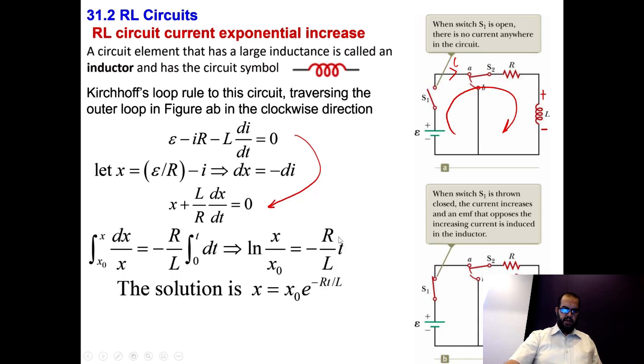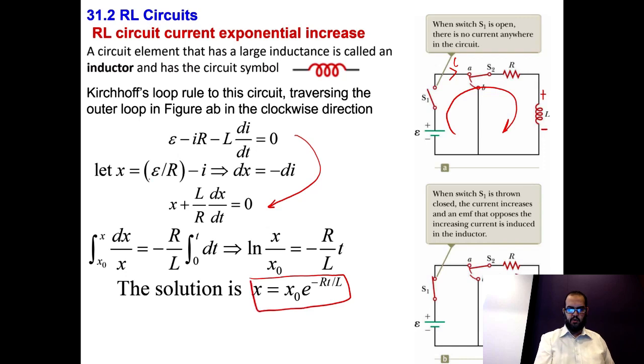If we rearrange the terms and perform the integration, we obtain the integral of 1 over x dx equals minus R over L times the integral of dt, and the integral of 1 over x is log of x, so we obtain log of x over x0 equals minus R over L times t. If we take the exponential of both sides, then we get the solution.